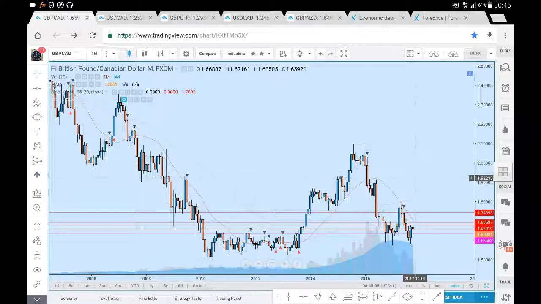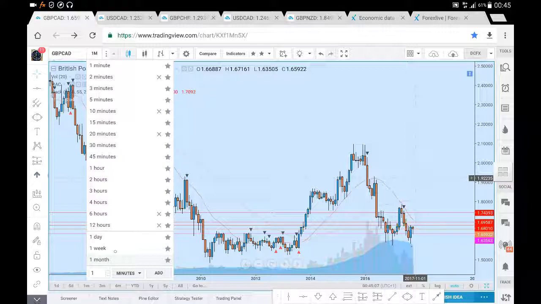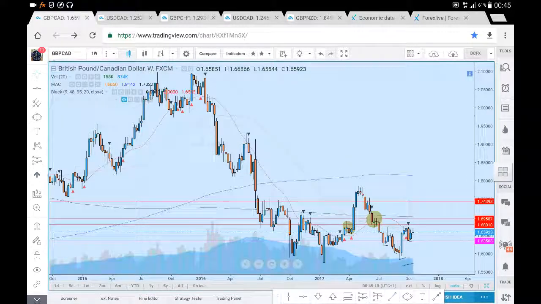So let's just have a look at the weekly time frame. On the weekly time frame, what can we see? We put in almost like a triple bottom in prices of the pound against the CAD, and we appear to be putting in at present, based on the current weekly candle and the weekly candle previous to it, a higher low after seeing a run to the upside, strong sell-off.